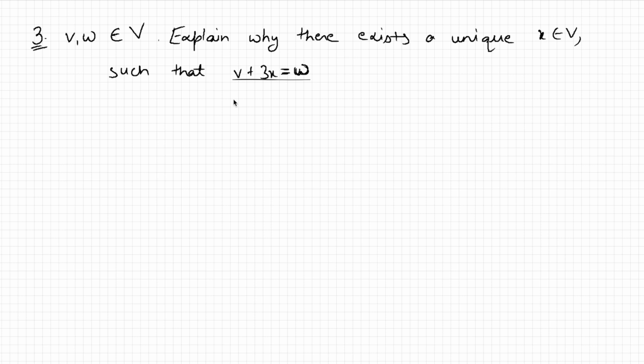Now again, take a moment and go through the question and try to understand what it is about. So we have to prove that there exists an X and that it is unique.